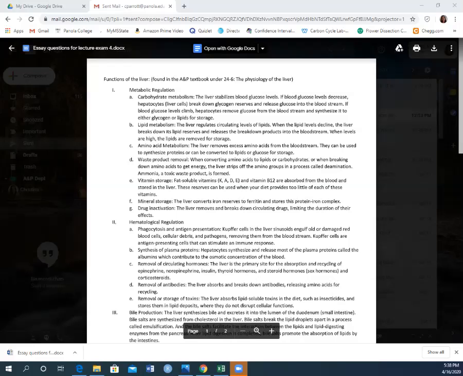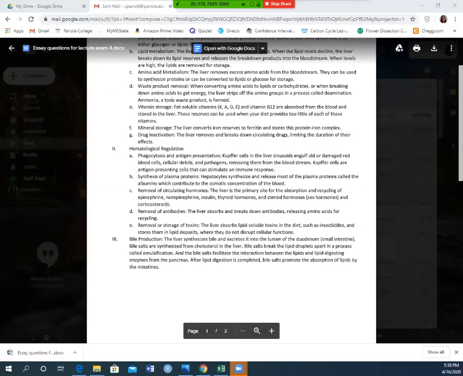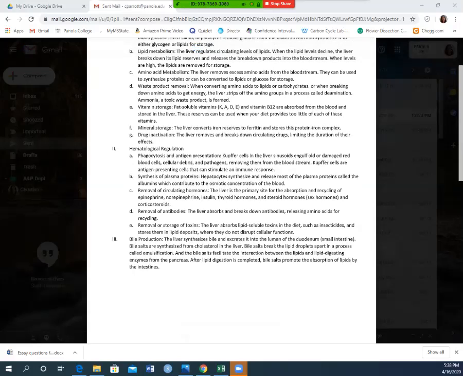Okay, now let's go down to hematological regulation. So phagocytosis and antigen presentation is going to be done by the Kupffer cells in the liver, and these are found in the liver sinusoids, and they're going to engulf old and damaged red blood cells, therefore releasing the iron.